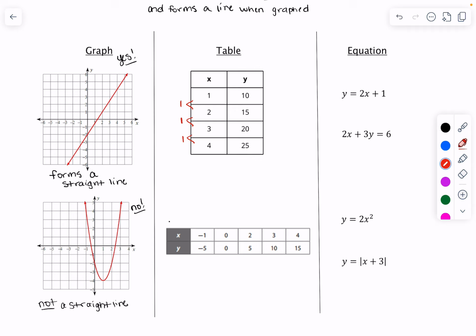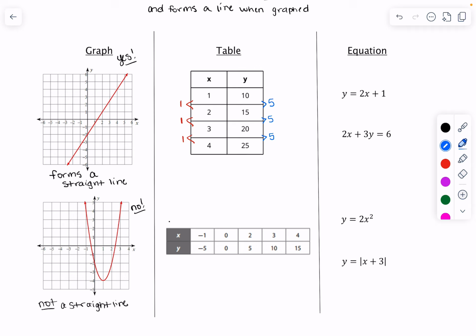For something to be linear, the Y values also have to be going up by a constant rate of change. From 10 to 15, that's a change of 5. 15 to 20 is a change of 5. And 20 to 25 is a change of 5. So yes, it also has a constant rate of change.